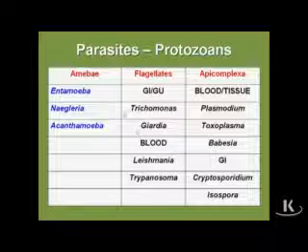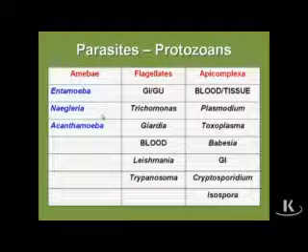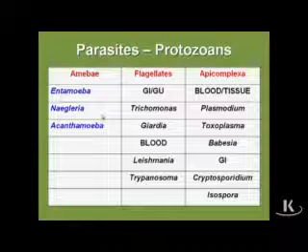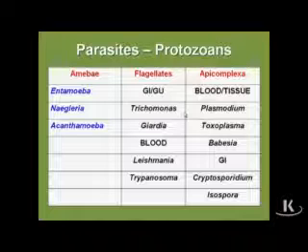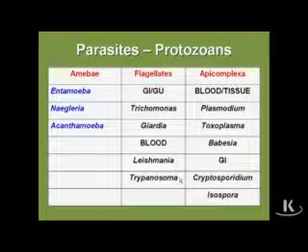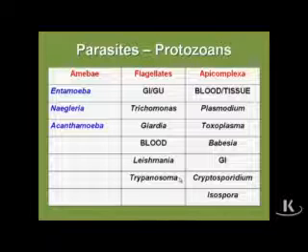Naegleria and acanthamoeba are amoeba that sometimes show up on step 1, but again, we're going to place those a little bit lower yield than entamoeba, for example. As far as GI and GU infections, trichomonas and giardia are both pretty high yield, but as far as leishmania and trypanosomes, probably fairly low yield for the USMLE.